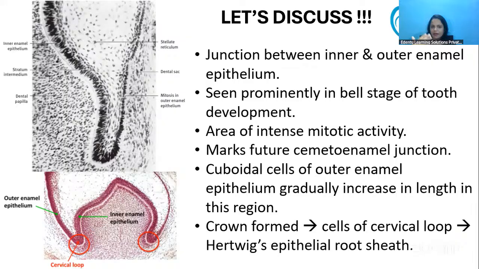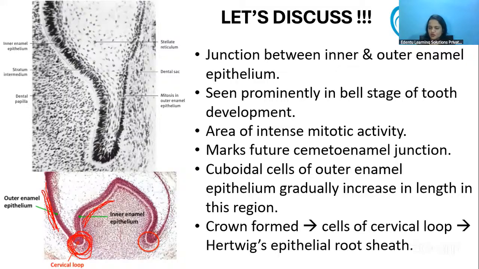During the cap stage or the early bell stage, if you look at the histopathology of tooth development, this outer layer is the outer enamel epithelium and this is the inner enamel epithelium. They will meet at a common point here, and that common point is called the cervical loop.